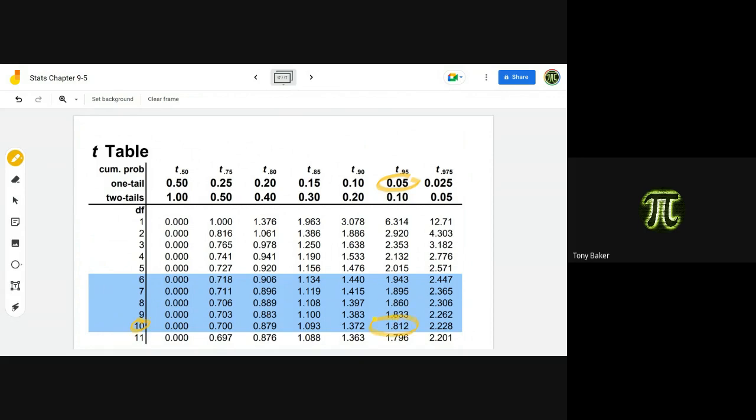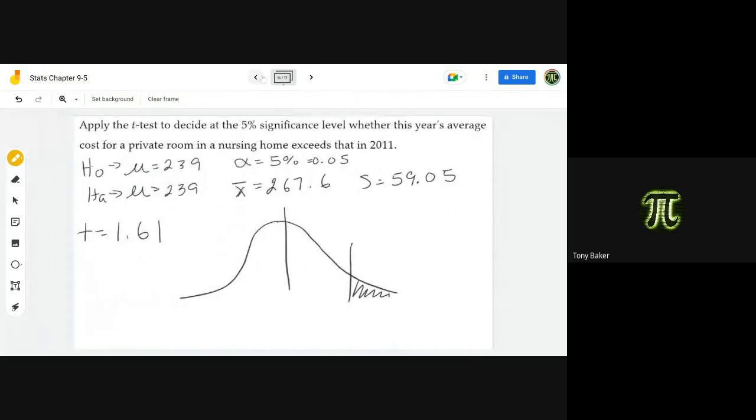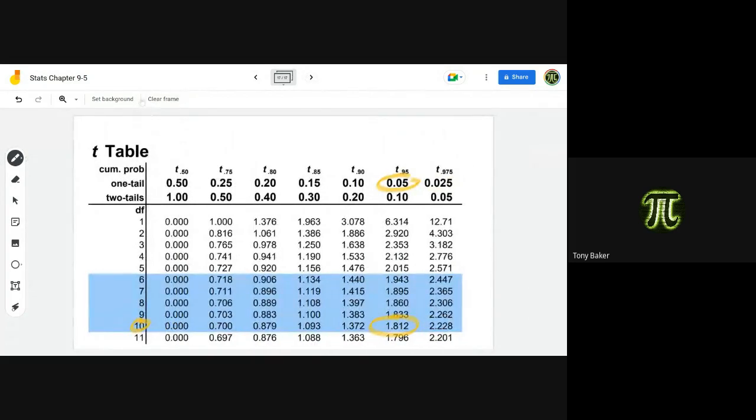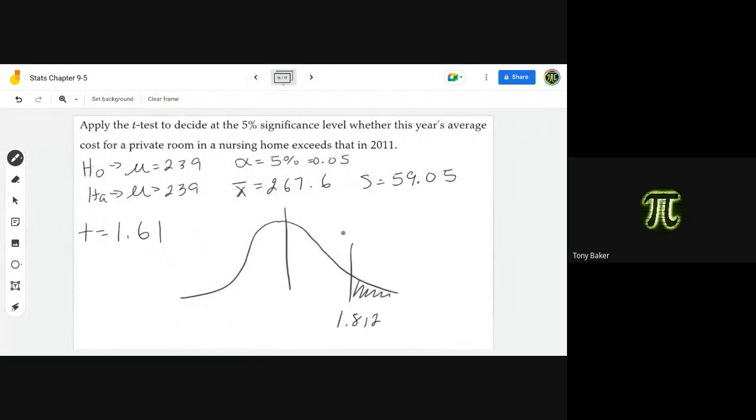So that's 1.812. And my 1.61 is somewhere over here. So we don't reject.